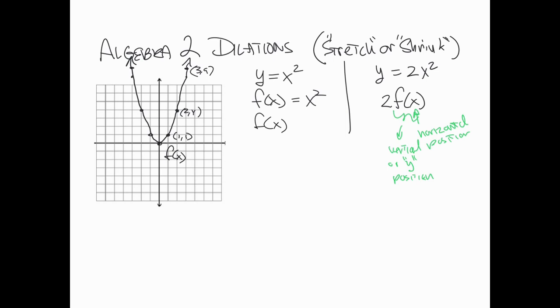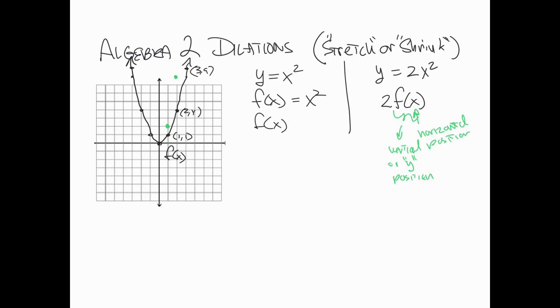I'm going to take each of these. Now the one that's at the vertex is at y equals 0. It doesn't change at all because 0 times 2 is 0. The one at 1, 1 has a y coordinate of 1. 1 times 2 is 2. The next one over, 2, 4, its y coordinate is 4. 4 times 2 is 8. And then when it's at 3, 9, its y coordinate is 9, and times 2, that's 18.